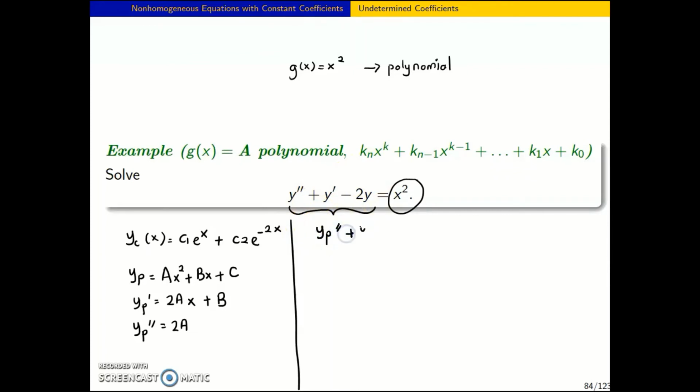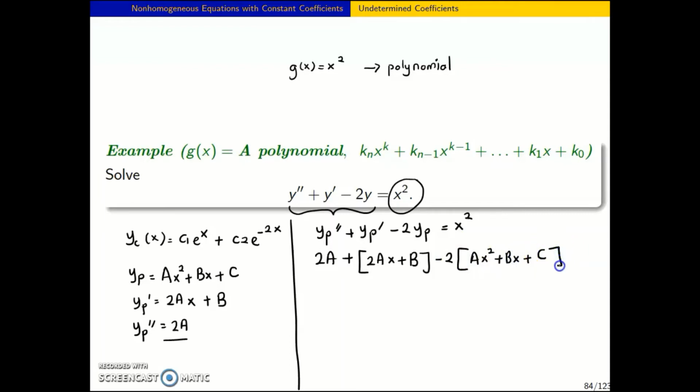Once I have that, I can write this equation: yp double prime plus yp prime minus 2yp equals x squared, such that yp double prime is 2a, plus yp prime, which is 2ax plus b, minus 2 times yp, which is ax squared plus bx plus c, equals x squared.